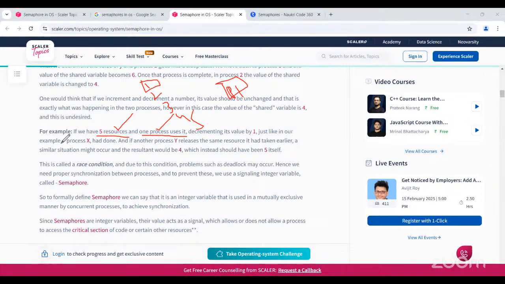That is process X. If another process Y releases the same resources which were taken earlier, the resultant value would be 4. So instead of 5, they are having 4. This is one example of the critical problem.